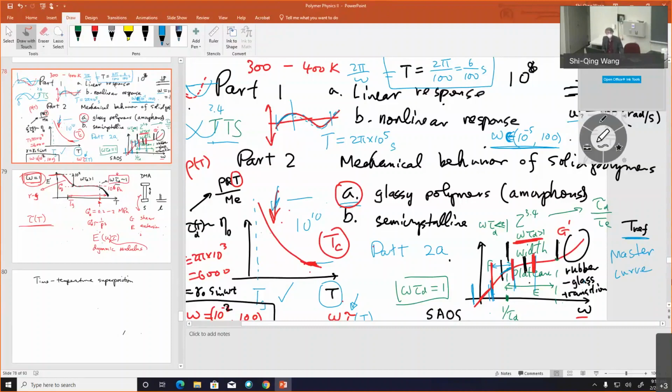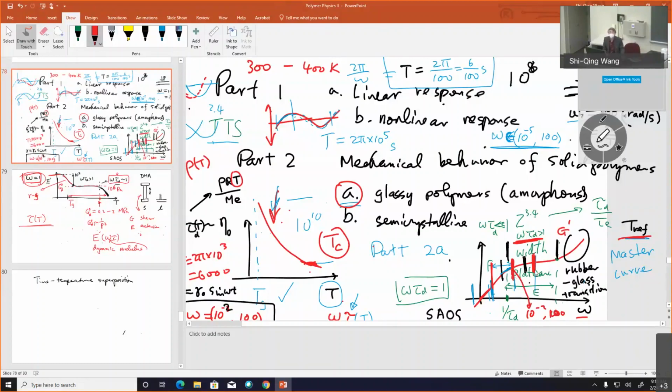What I mean is the following. It means the temperature where I imposed my mechanical measurement, where I actually did my mechanical measurement. In other words, at this temperature, when I perform my mechanical window, it happens to give me the data here.